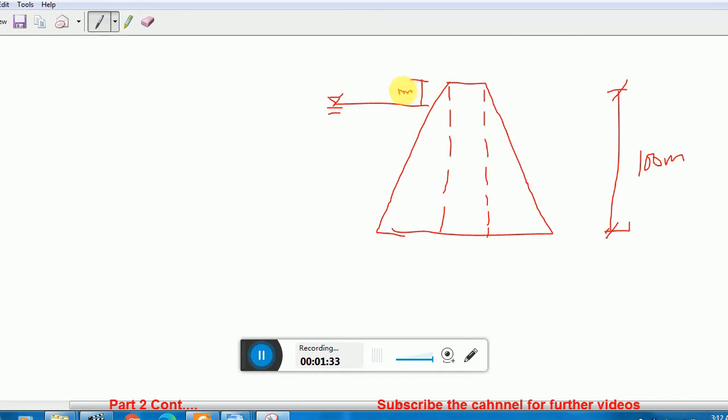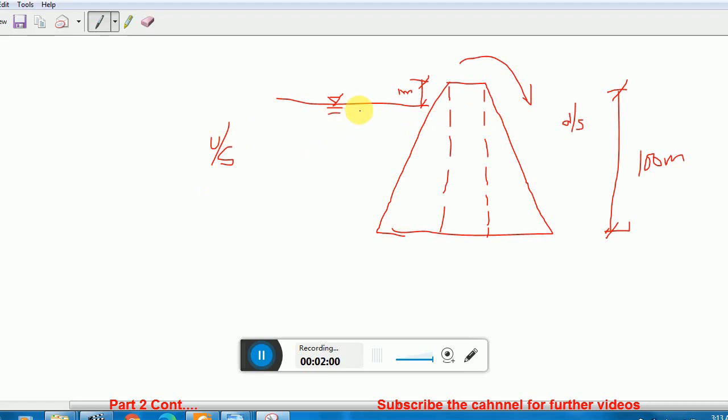Clear? This is freeboard. And a batter, remember this is the upstream side. I already explained what is upstream side and what is downstream side. This is downstream. Water is flowing in this direction, so that is downstream and this is upstream. Water is basically damming at that side, so that's why this is upstream.